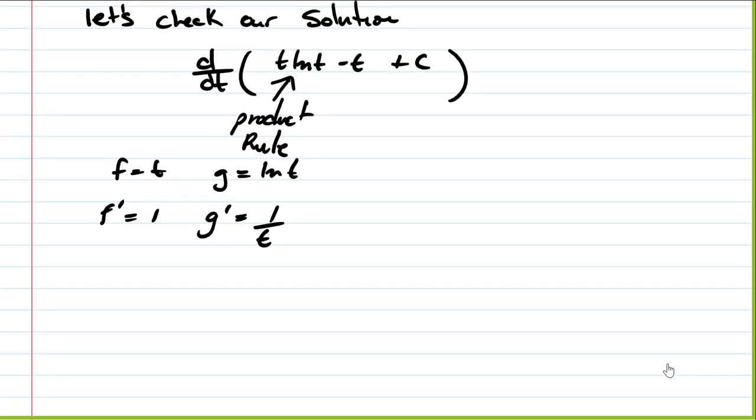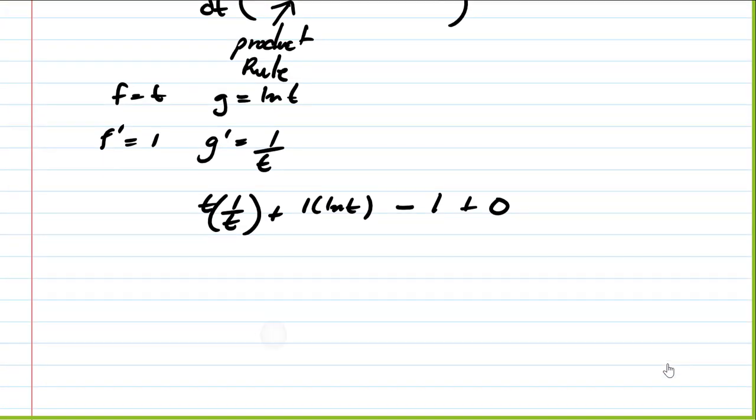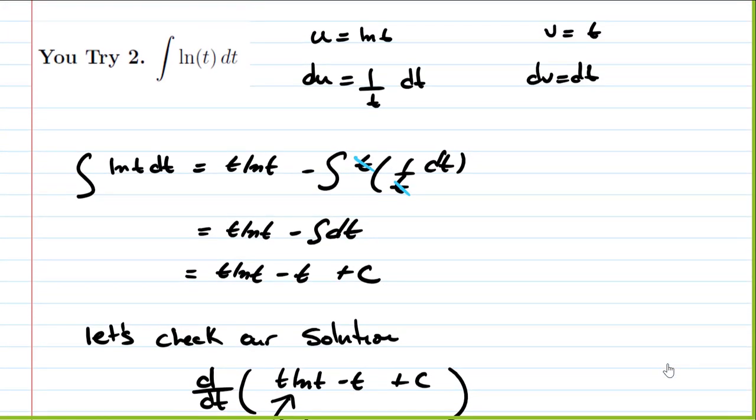So our product rule is f g prime plus f prime g. So we're going to get t times 1 over t plus 1 times the natural log of t. That's our product rule. The derivative of negative t is negative 1, and the derivative of a constant is 0. So we get 1 plus the natural log of t minus 1. And those reduce out as we would hope. And indeed, we get back to the very thing we started with, which was the natural log of t.